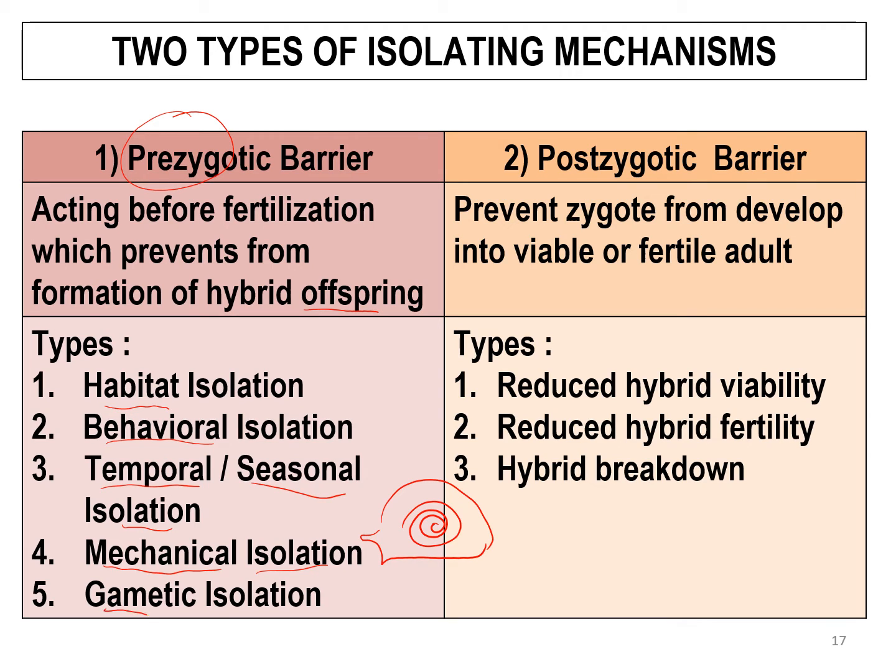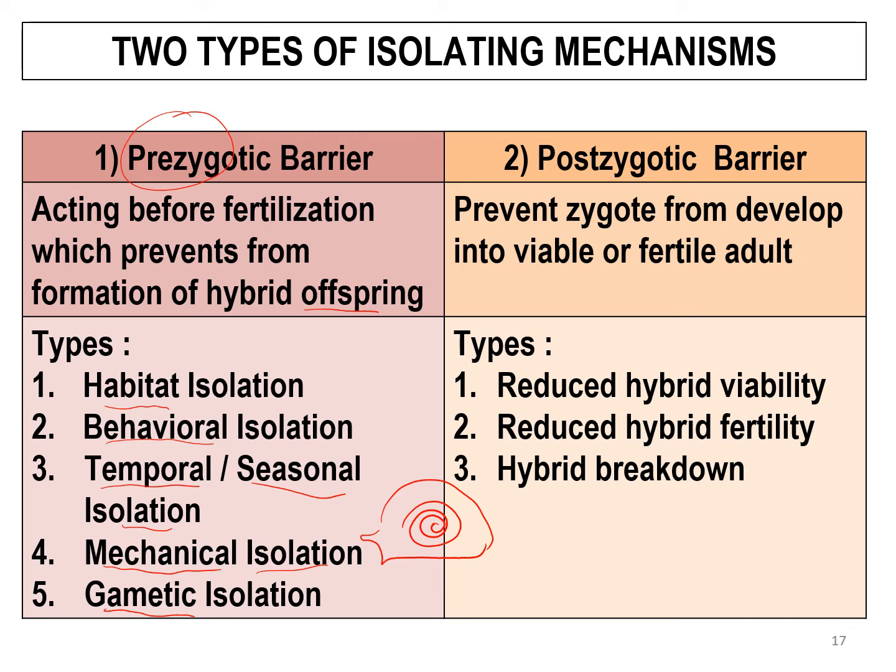Okay, gametic isolation. Gamet itu tidak sesuai dan tidak mampu untuk mensenyawakan ovum. Contoh, awak ingat belajar spermatogenesis ataupun fertilization kan. Sebelum fertilization there are steps that lead to fertilization. Ada capacitation, maknanya dia nak ada persediaan untuk sperma itu menjadi sesuai dan matang untuk mensenyawakan ovum.